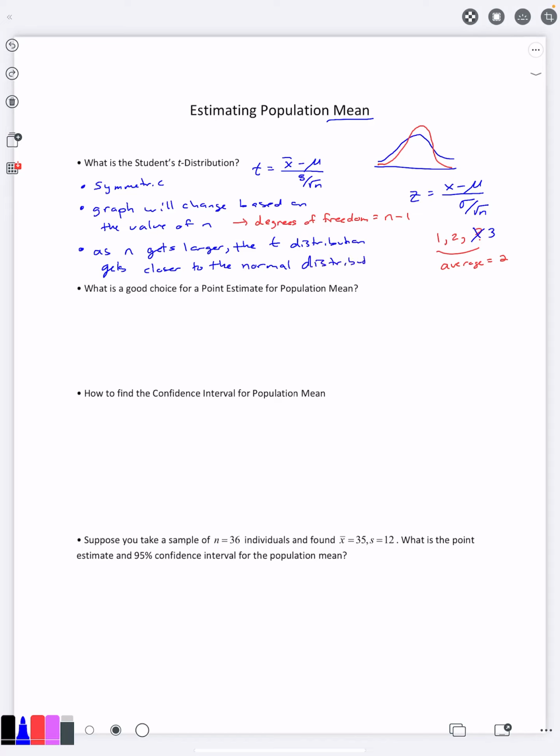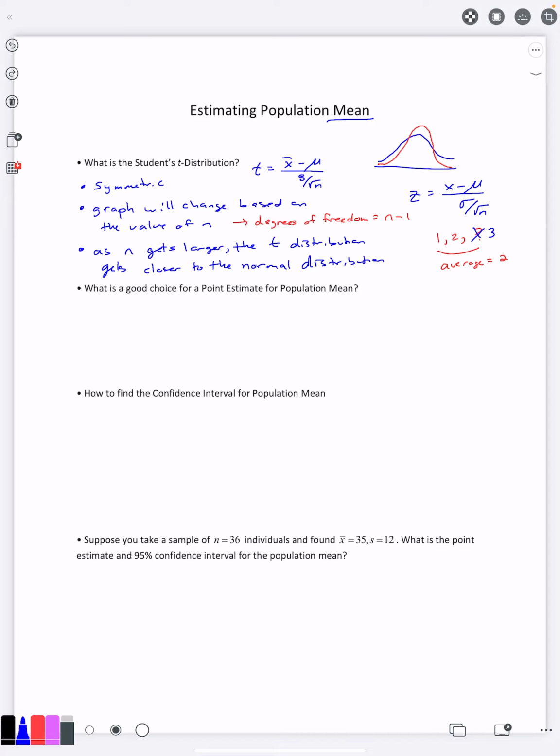And this is the reason why Gossett was even noticing things, because he had very small n values for his samples. If he had samples of size 100 or 1,000, then he probably wouldn't have noticed it, because at that point it's very, very close to the normal distribution. Regardless, we now know there is a different distribution, the t-distribution, and for small values of n, it's more important.